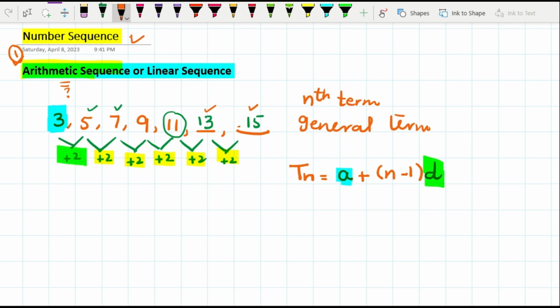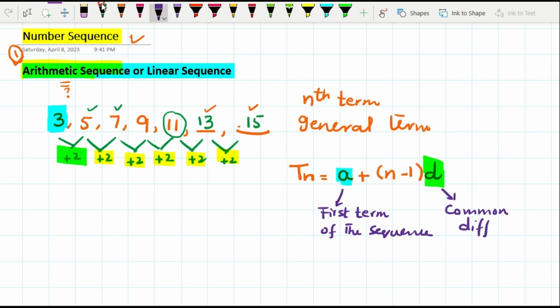Let me write. A means what? The first value, first term of the sequence, right? And what about D? D means the common difference. And how can we calculate the common difference?